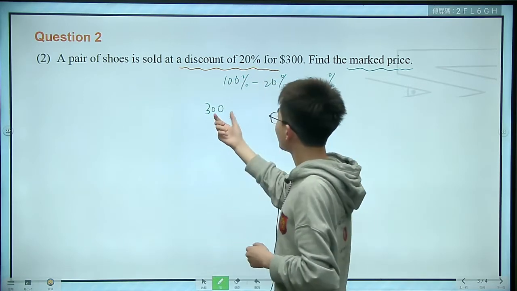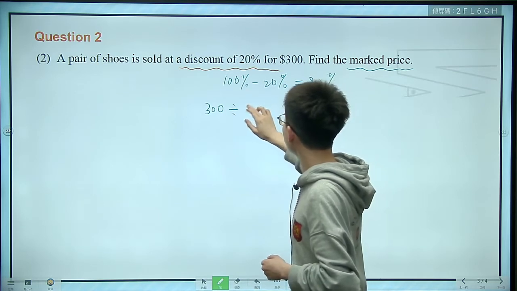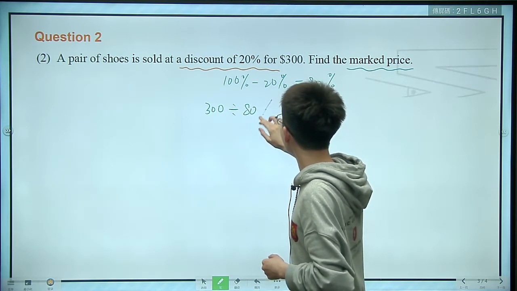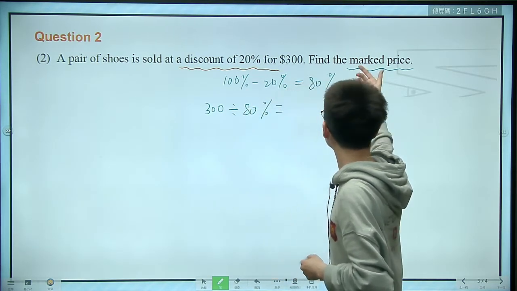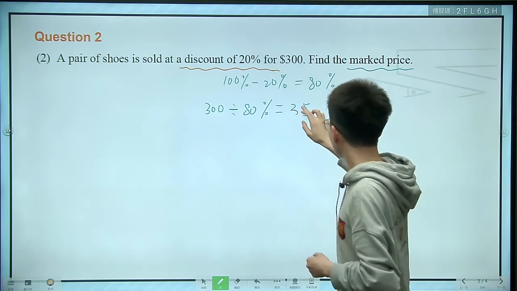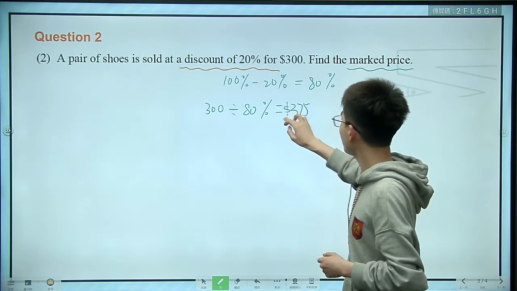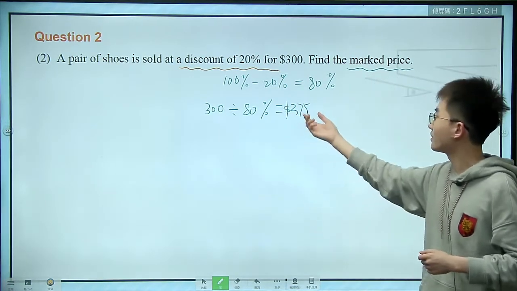Now the discounted price is $300, and you divide it by 80%, you will get the original marked price. So the answer will be 375. But don't forget the unit. So it will be $375.